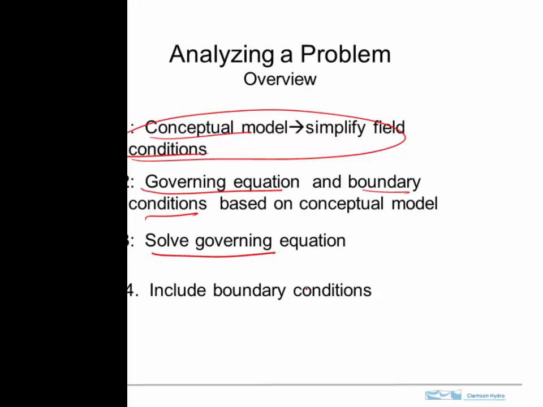Then we solve the governing equation, and we need to include the boundary conditions in the solution. Okay, so this is the overall approach. We've developed the governing equation and we've selected the boundary conditions. So the next step is to be able to solve the governing equation.